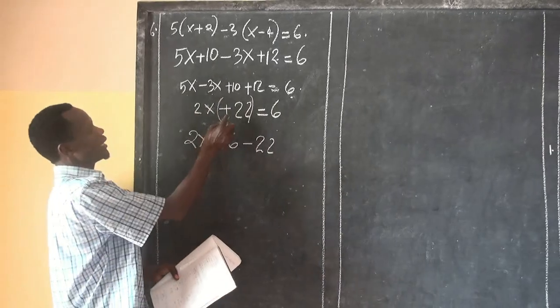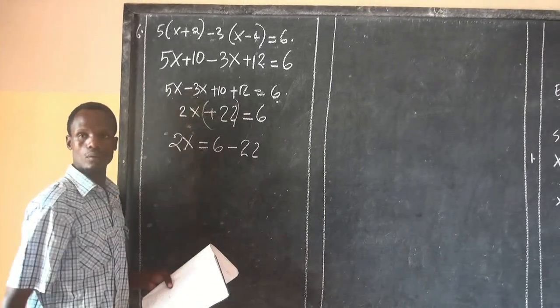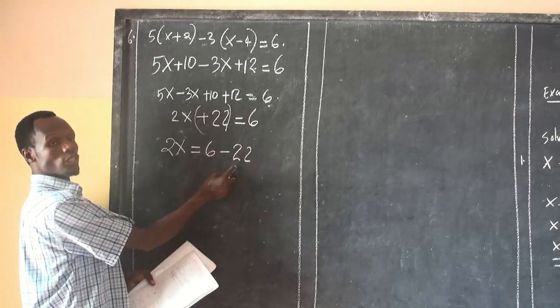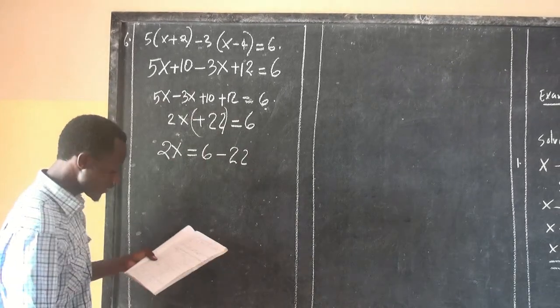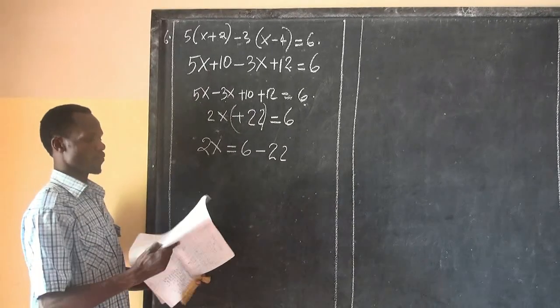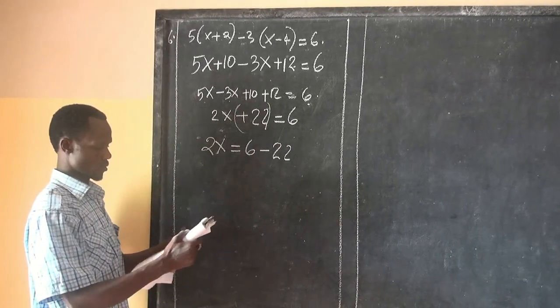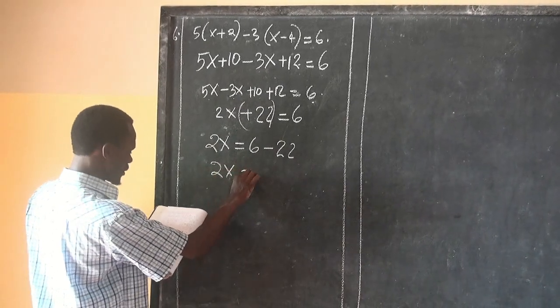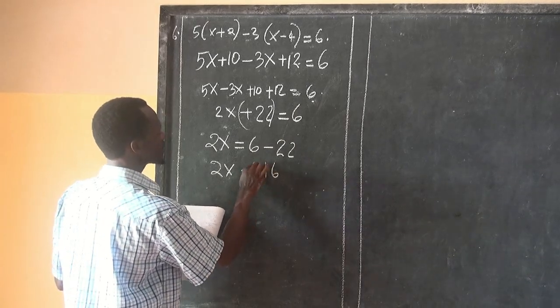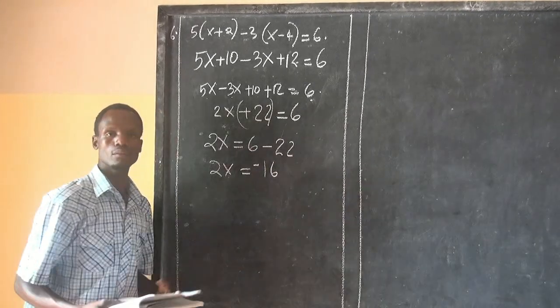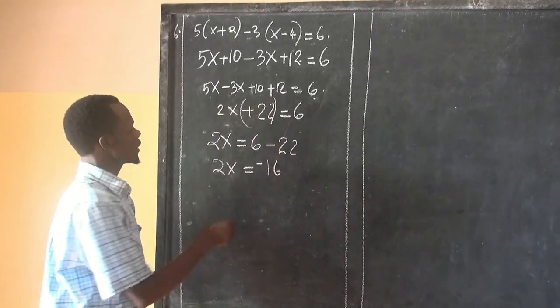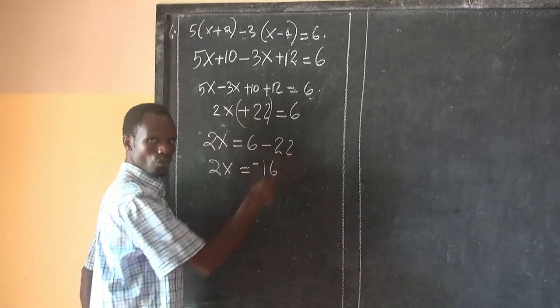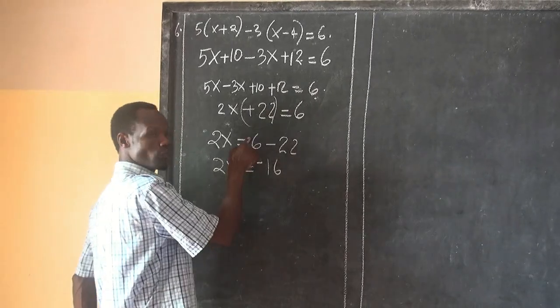Kwa sababu this was positive, then it becomes negative. Now, if that is the case, 2x is equal to what? Negative 16. Because this is negative 22 and this is positive 6.